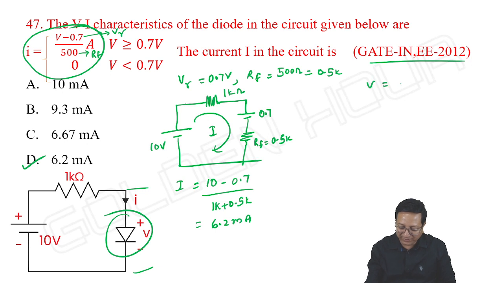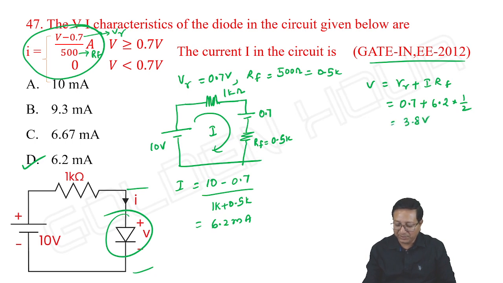That is nothing but V gamma plus I into RF. V gamma is 0.7, I is 6.2 milliampere, and RF is 0.5 K. So milli and kilo cancel. I can write 1 by 2. It is 3.1 and 0.7. So total 3.8 volts we are getting.